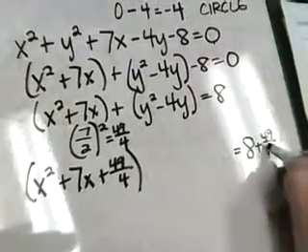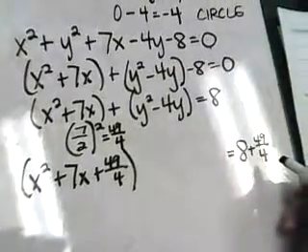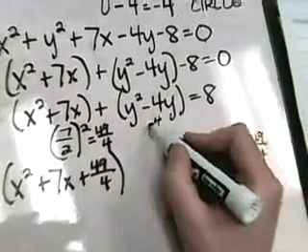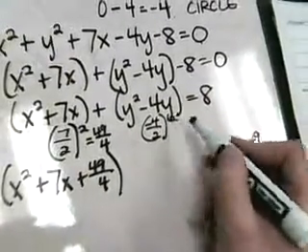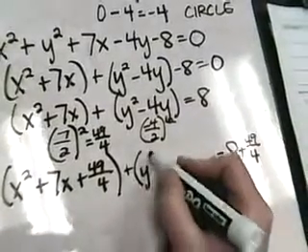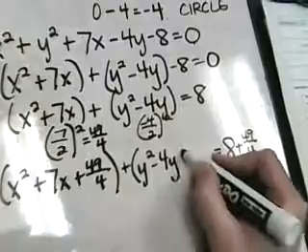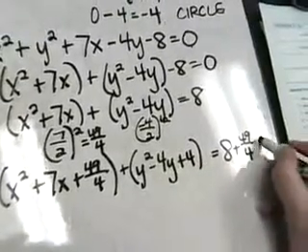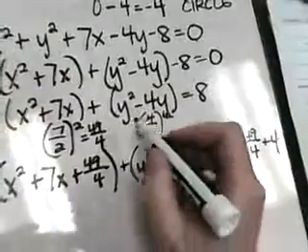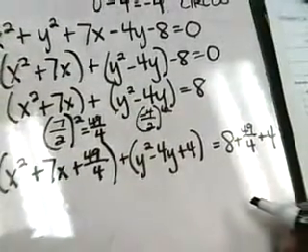I don't have to multiply it by anything like I had to in the first couple examples. Then I'm going to do the same thing here. -4 divided by 2 squared gives me +4. And add him to the other side. Again, I didn't have to multiply him by anything because I didn't take anything out up here.